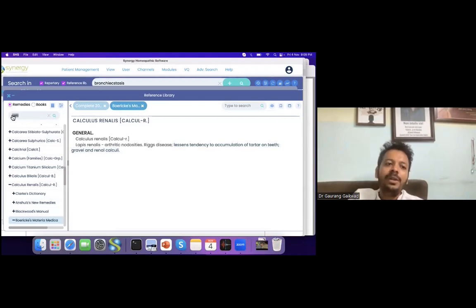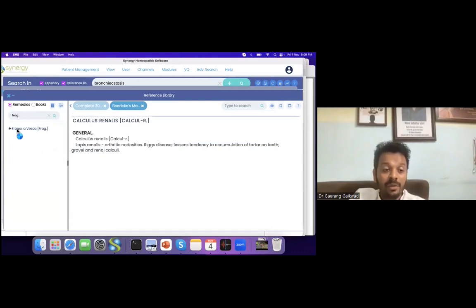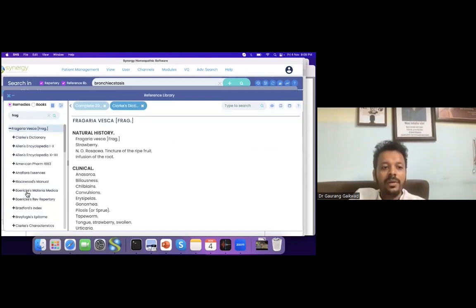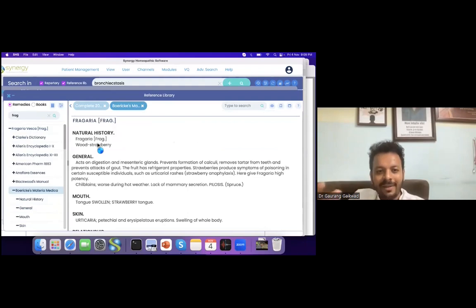And the last but not the least remedy that I want to tell you is again a rare remedy, but I still want to share with you. You know how much I love rare remedies, and the name of the remedy is Fragaria. Very beautiful remedy. You can see here, removes tartar from the teeth.